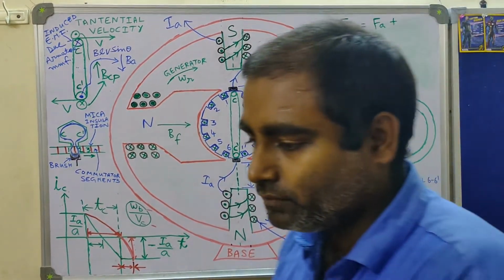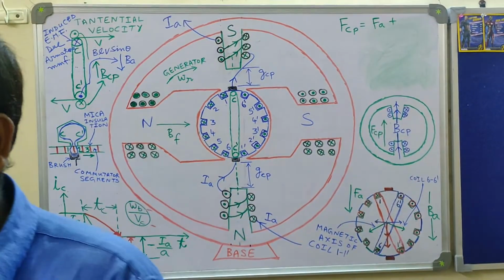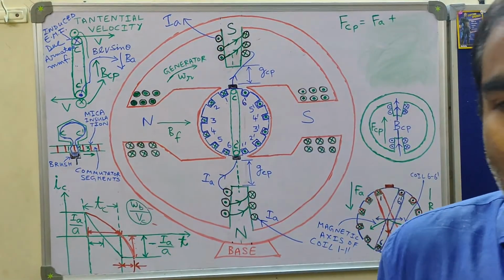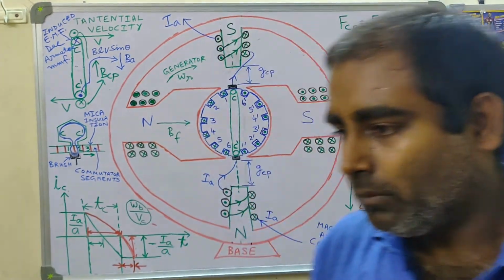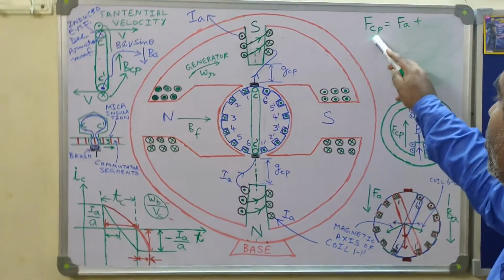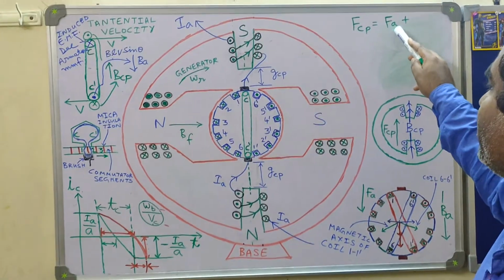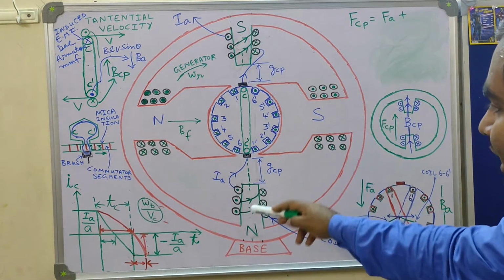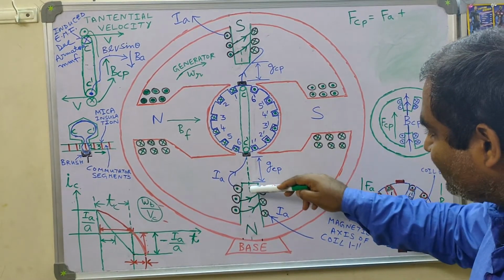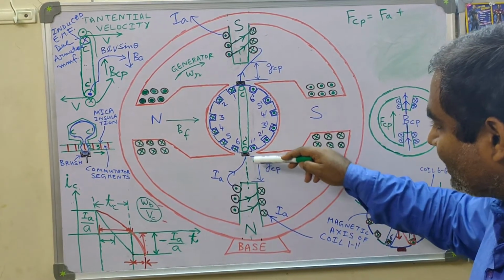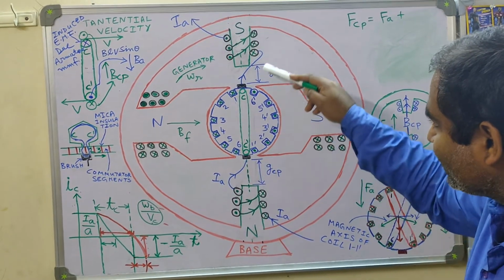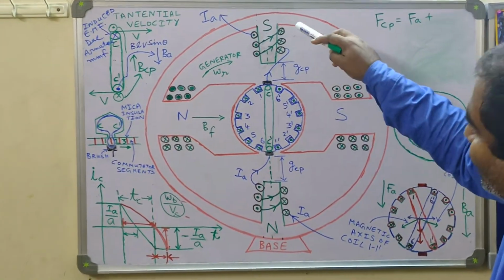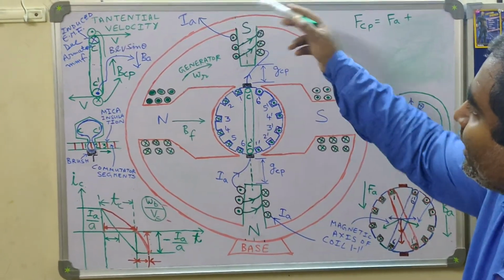So in order to take care of this situation, with the loading on the DC machine the armature current will vary, and as a result the armature MMF will vary, but you have to maintain the interpole MMF equal to the armature MMF. What is done? The interpole windings and the armature winding are connected in series. You can look at the diagram here. That means whatever armature current IA flows, that same current flows through the interpole windings.